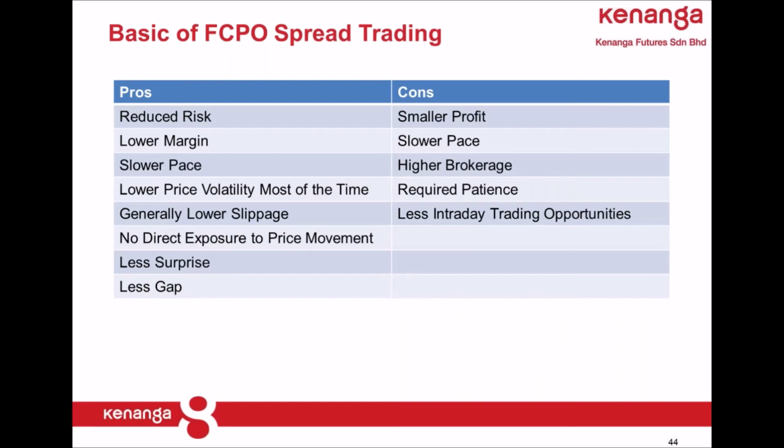Please don't misunderstand that when you have lower risk and lower margin, you can do multiple lots to increase the chances of profit. By doing that, you increase the risk and also the volatility. It could also be an advantage if you are a slow-paced person, because in most cases CPO spread prices tend to move at a slower pace than outright prices. So of course, lower volatility most of the time.